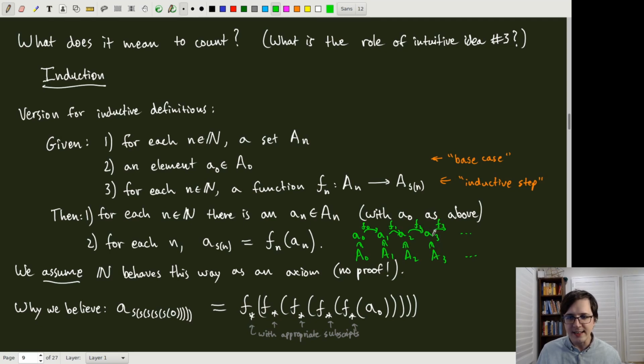Like to get A3, we take A0 and apply F0, and then we apply F1, and then we apply F2. And then that gives us A3. And so we imagine that for any number, no matter how large, given enough time, we'd be able to compute what that an is supposed to be. So this is the principle of inductive definitions, and we're going to make use of this.